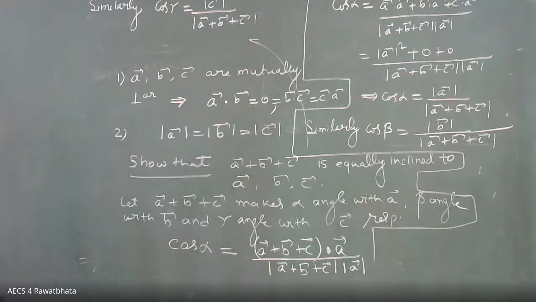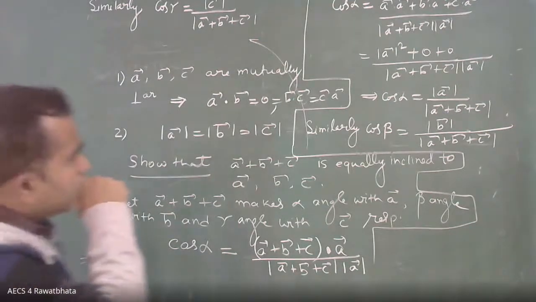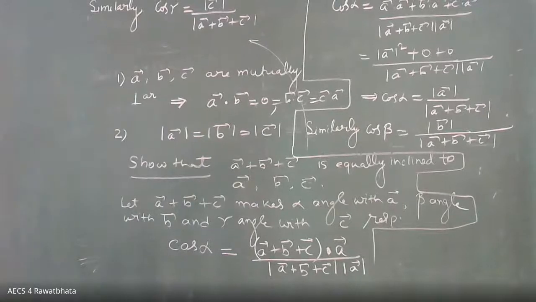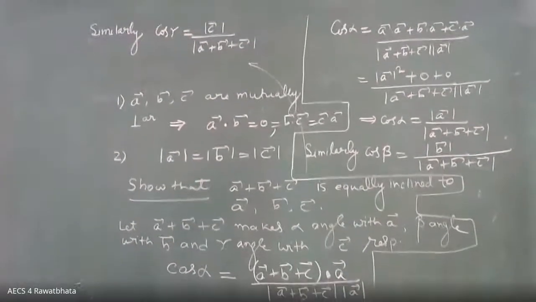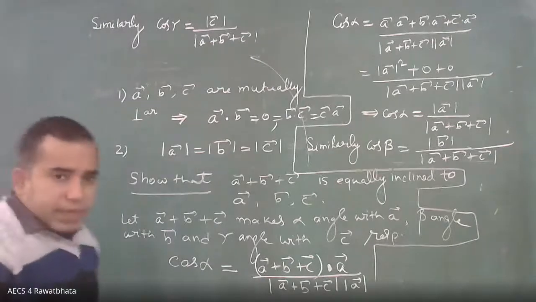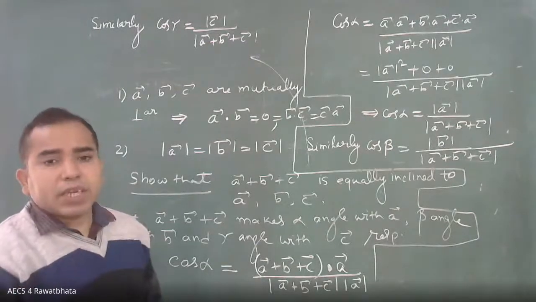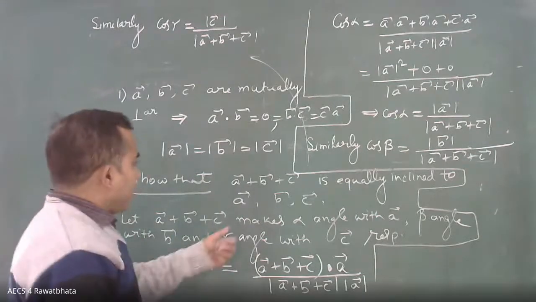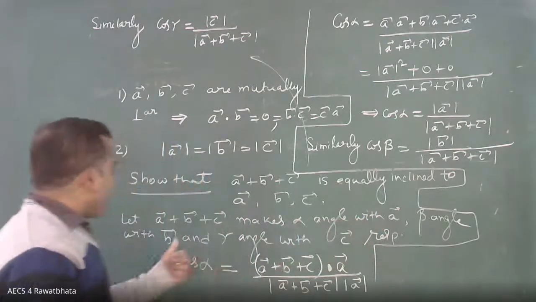Okay, what is our target? Arpita, what are they asking us to do? Yes, equally inclined means equal angles are subtended. It means that I have to prove, and in this I have assumed alpha, beta, and gamma.